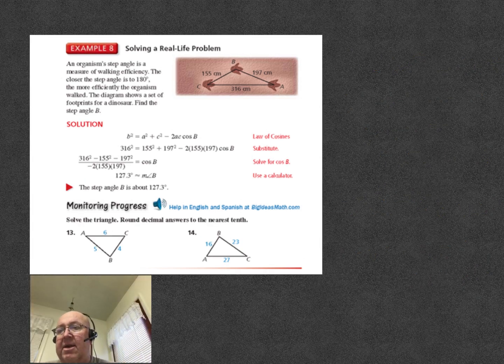So again, we're going to be looking at finding the measure or cosine of A first.